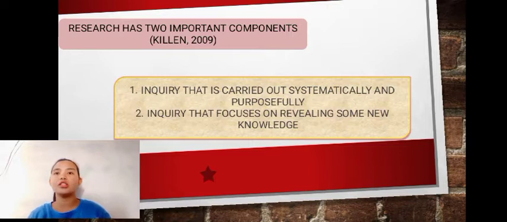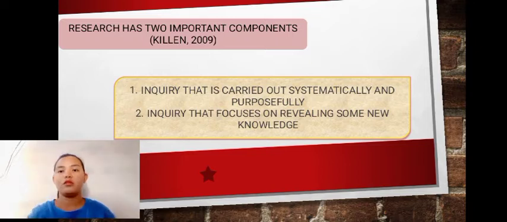Number one, inquiry that is carried out systematically and purposefully. Number two, inquiry that focuses on revealing some new knowledge. Systematic inquiry is based on system concepts or system principles.